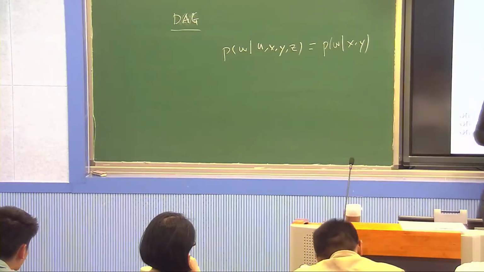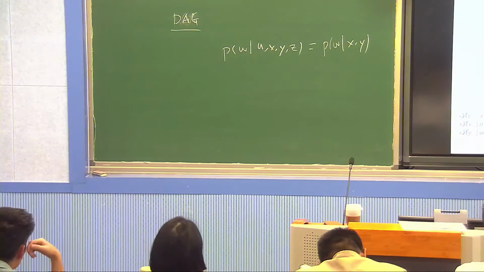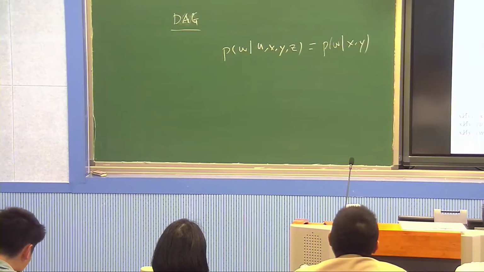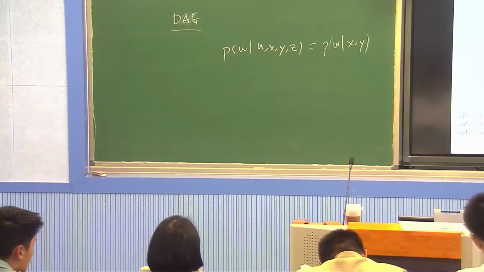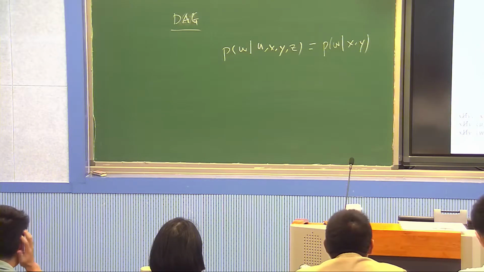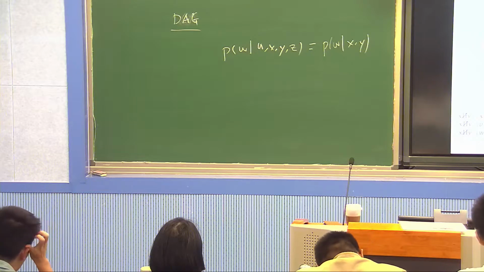So the idea is once I give you x, y, I can determine the conditional probability of this one. Once conditioned on x, y, the other things are no longer useful. This is a very simple idea. Essentially it says the parent determines the children. If I give you the information on the parent, we're done.